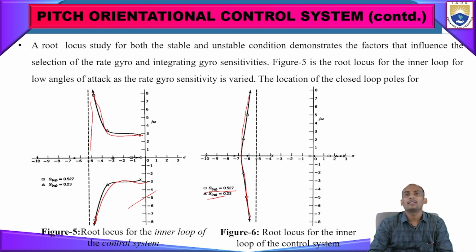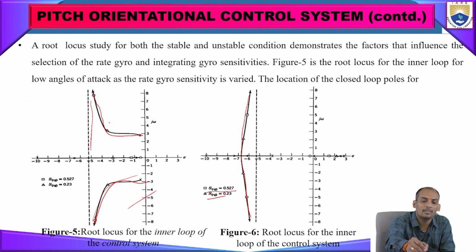So see here, figure 5. Figure 5 is the root locus for the inner loop for low angles of attack, and the closed loop poles are located like here.